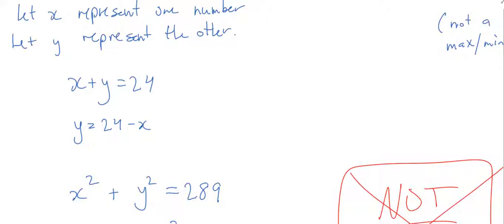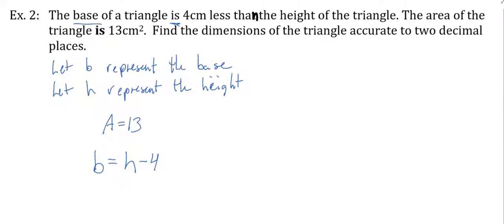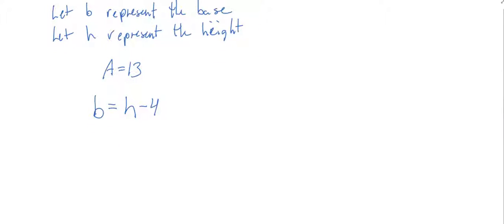But this said the sum is 24, and this one said 4 less than the height. But it's the same principle, same idea. What do you think we do next? You can bring the B to the other side and get your expression. But I think this is already done. It says B equals. I think we're good.